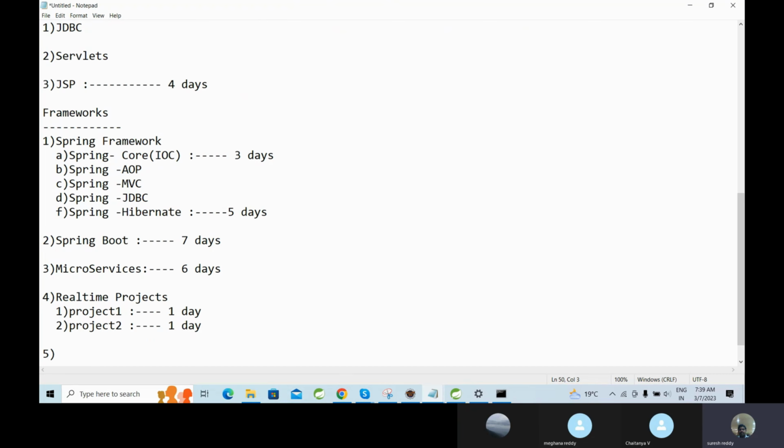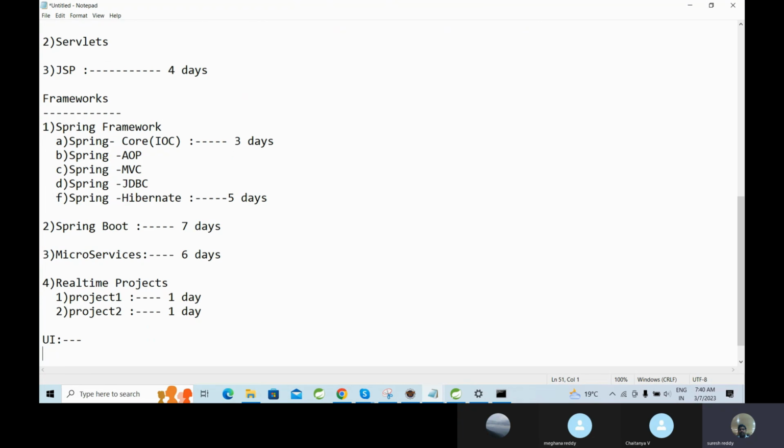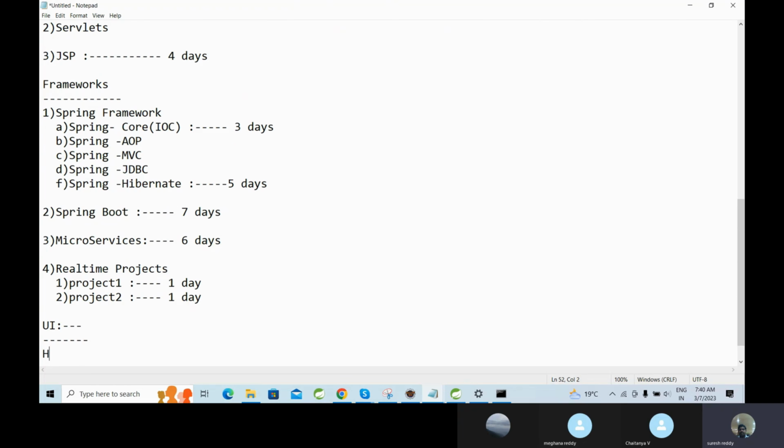Next, the 5th one, coming to UI. HTML, CSS, JavaScript.